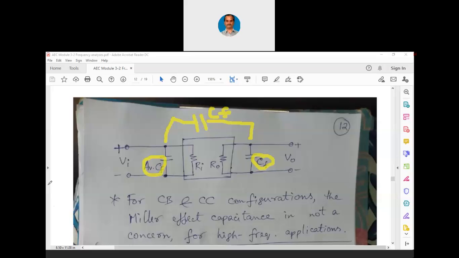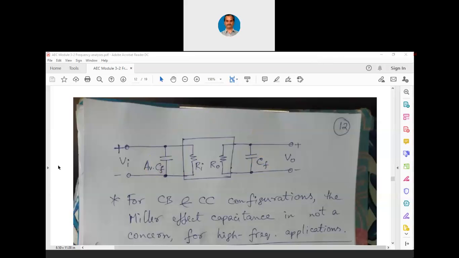Maybe in future, if you get into a job where you are involved in circuit designs, then there also you will have to remember Miller. He helped us heavily in how to represent a feedback capacitance separately at the input as well as the output. Now we can individually apply the laws of network analysis separately at the input, separately at the output. That is why this is called Miller effect capacitance.